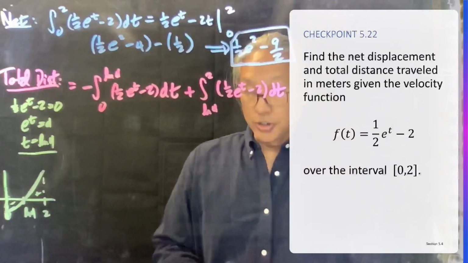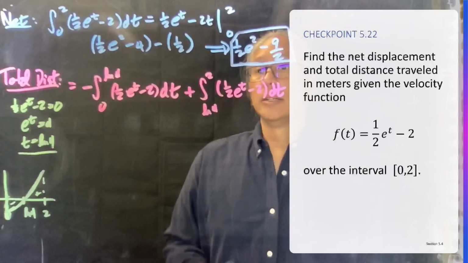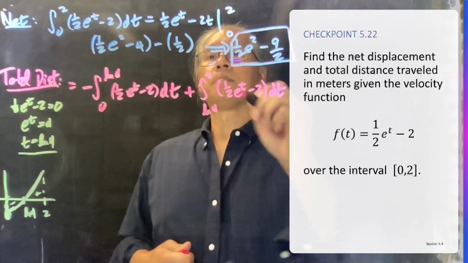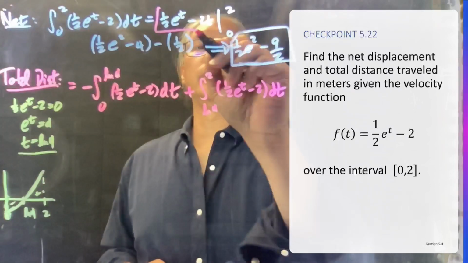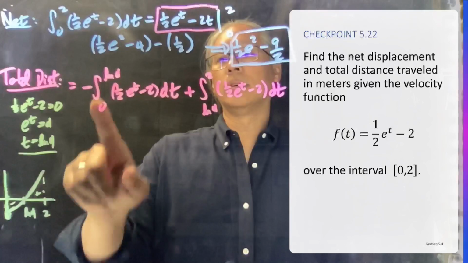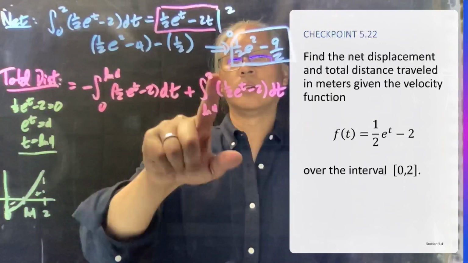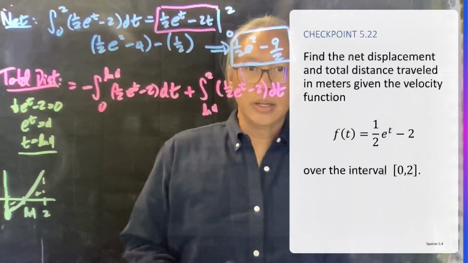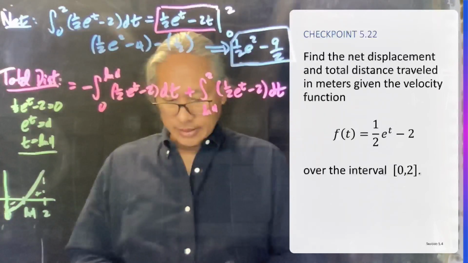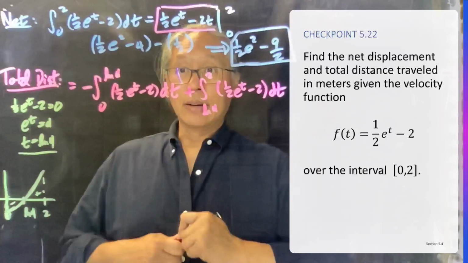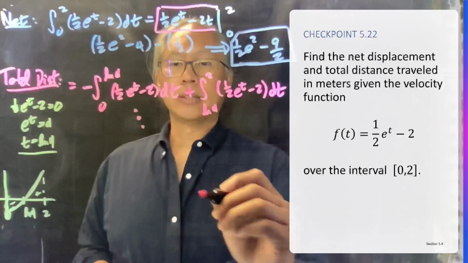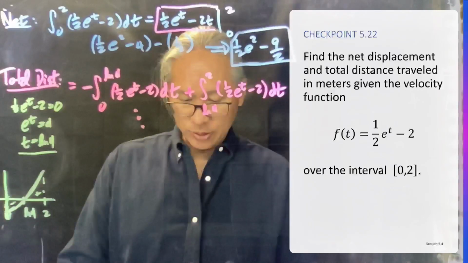And so now we just integrate both of these. The antiderivative is already here. So it's just a matter of putting in the 0, the ln of 4, and the 2 into that. Let's skip a few steps and just get to the actual value.